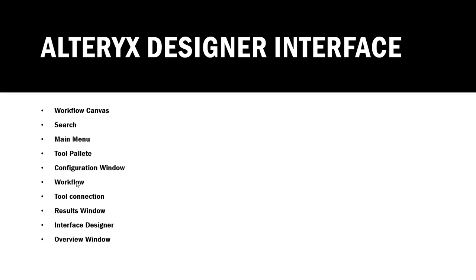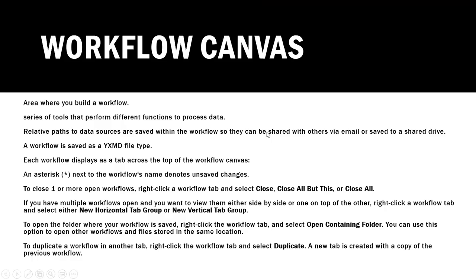Under the workflow, we have tool connection, results window, interface designer, and overview window. So I'll go through each of these interfaces in detail. So let's get started with workflow canvas.